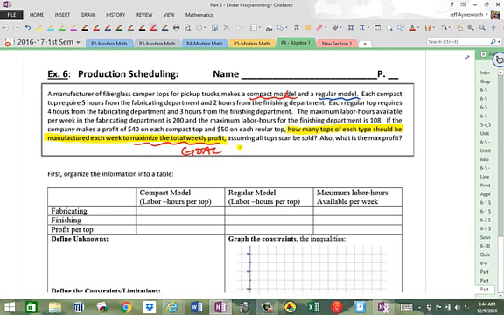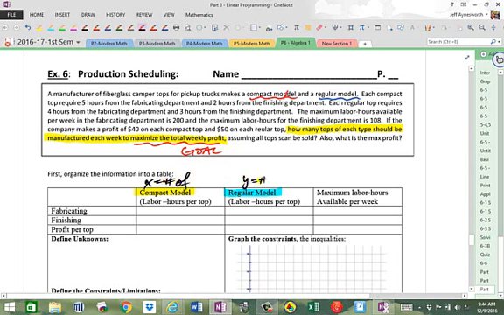We're going to let x equal the number of compact models and y equal the number of regular models. That comes from my question. If it's asking me how many tops of each type, compact versus regular, well, there lie the variables.